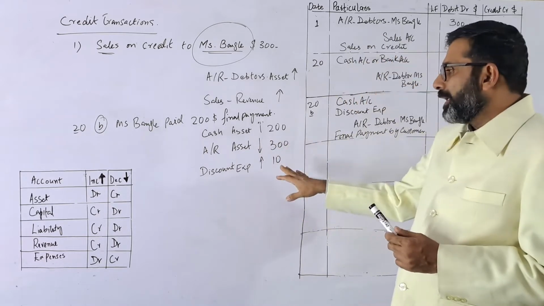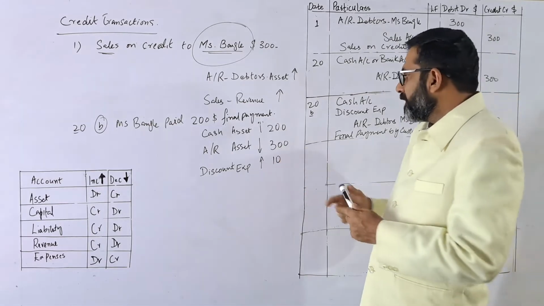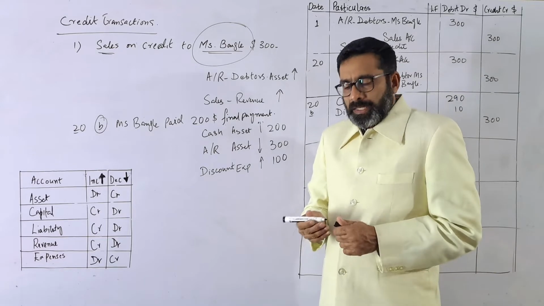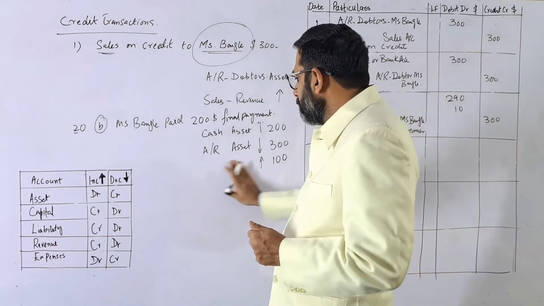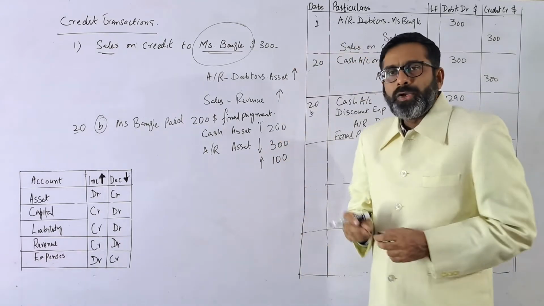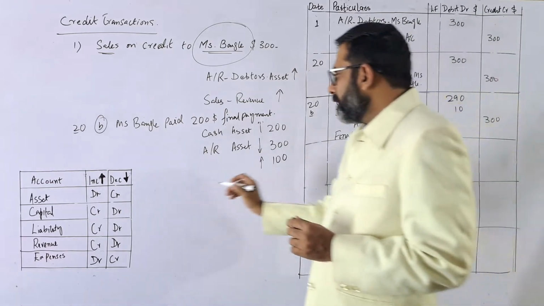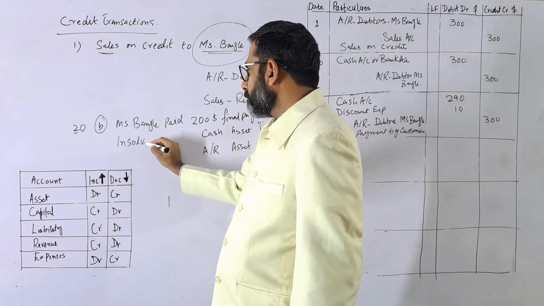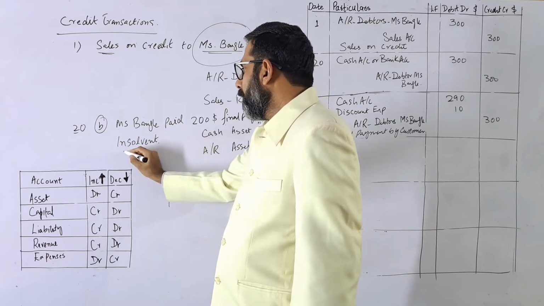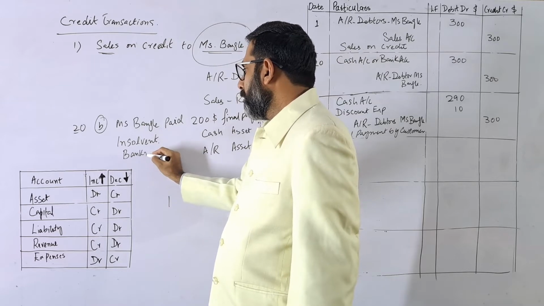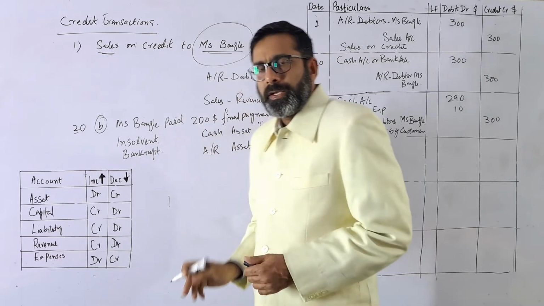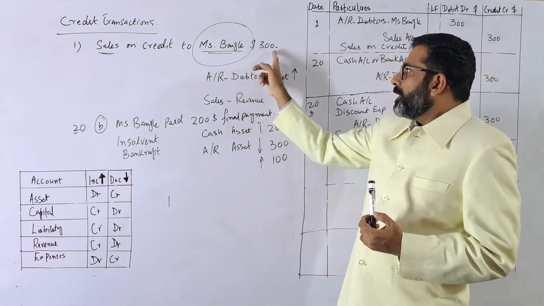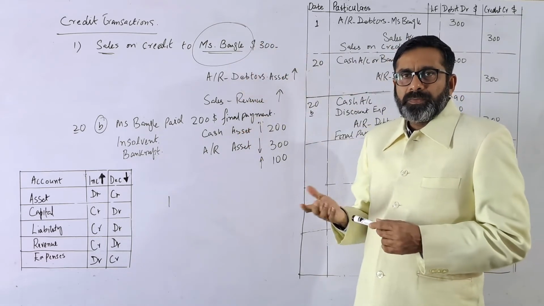Now here we have to analyze what the difference is. The difference here is $10, but this is not a discount. While the person is giving you $200, because the person may be declared insolvent or bankrupt, you have to receive a total of $300 from Mrs. Bengal or Miss Bengal.